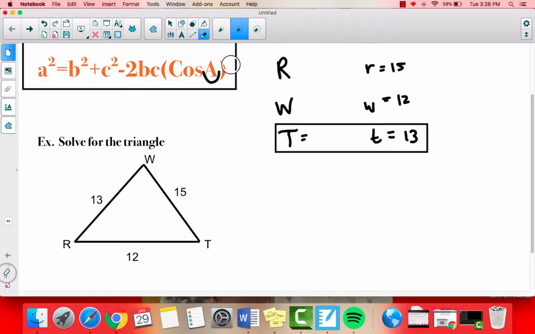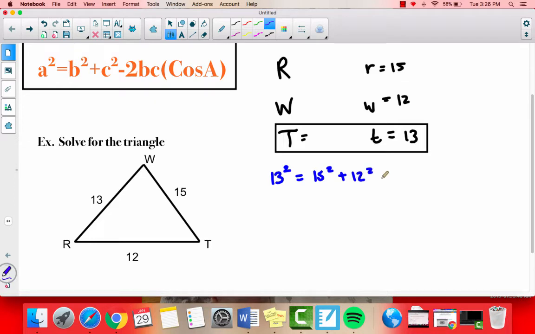Okay? And when we plug this in, it's going to look like this. 13 squared is going to be equal to, and then we're going to deal with our two sides, 15 squared plus 12 squared minus 2 times 15 times 12, and then the cosine of angle T, which we don't know.